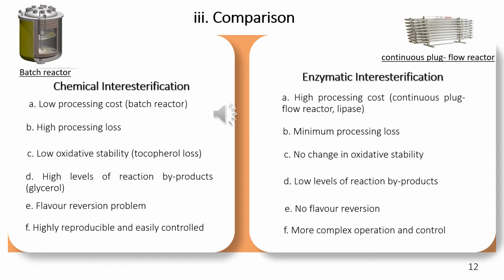You can see a picture of a continuous plug flow reactor in this slide. This process consists of a continuous flow of the reaction mixture. The continuous reactors, or the flow reactors, carry the materials as a flowing stream.